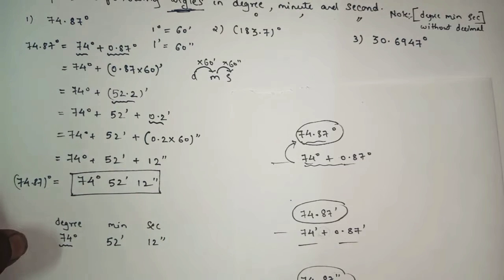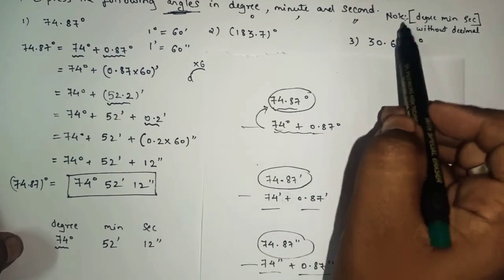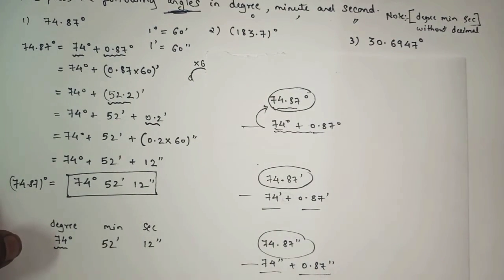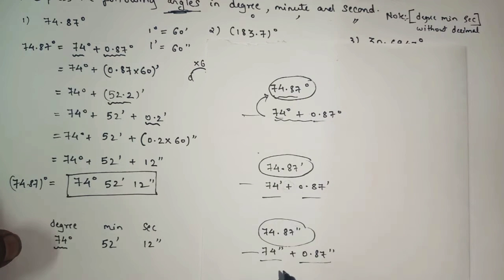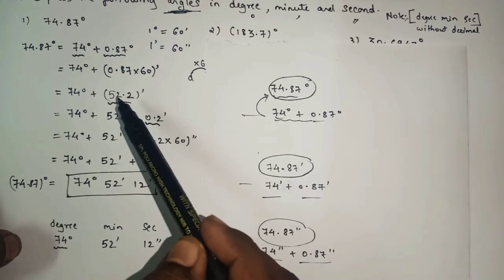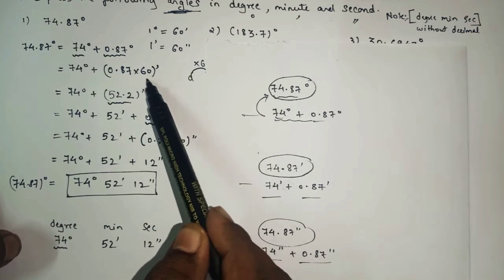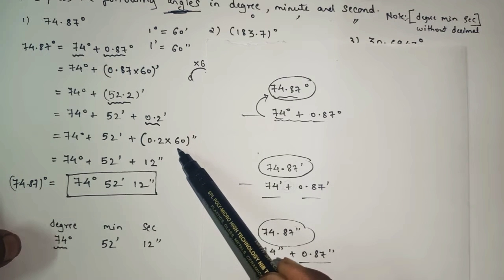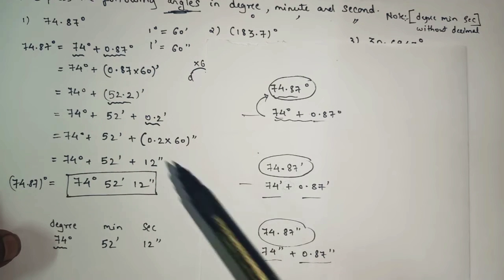So this is the process. The process is very simple. Just note down this step: degree, minute and second. Final answer should be without decimal. Whenever you come across the degree, minute and second in decimal, you will break the number and then simply go on multiplying the decimal part by 60 to convert into minute and then to convert into second.